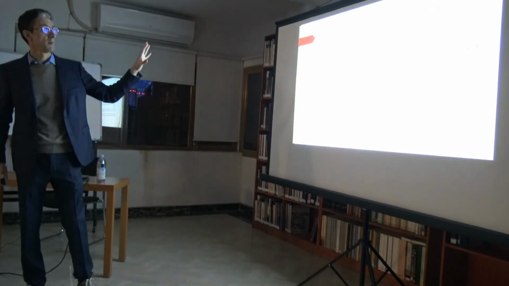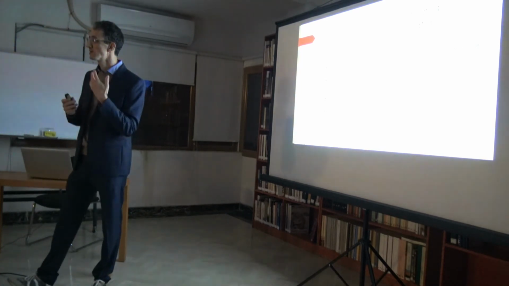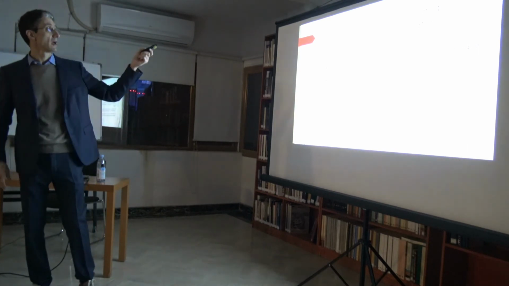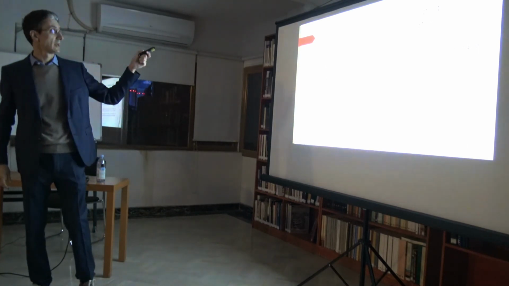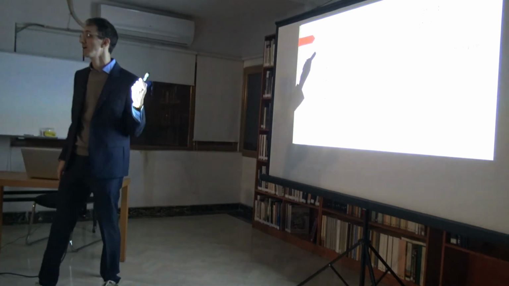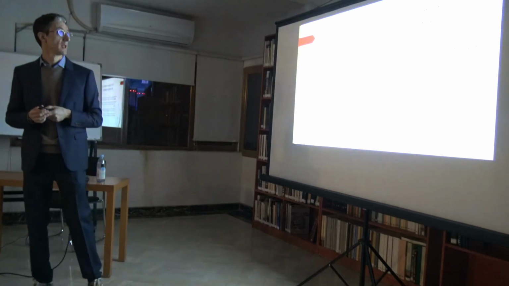I want to say first that these dynamics can be well interpreted and framed through the notion of triangular desire elaborated by René Girard in Mensonge romantique et vérité romanesque.